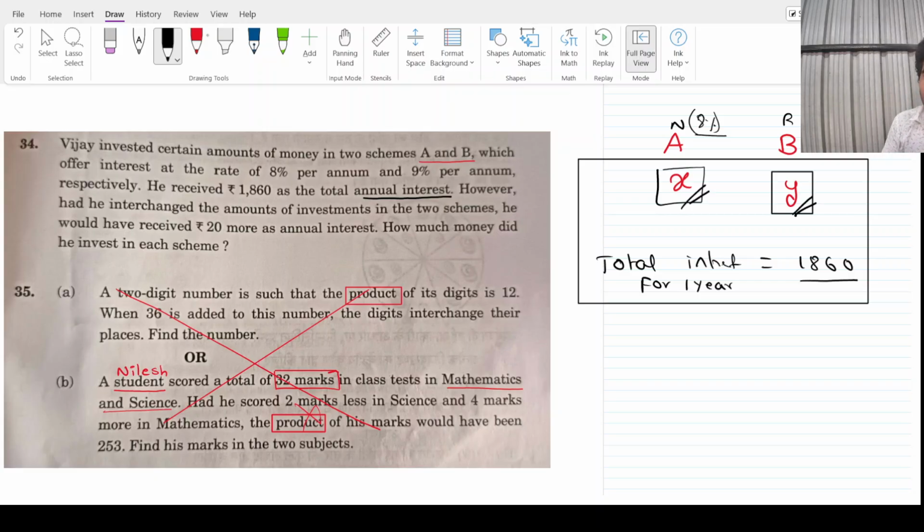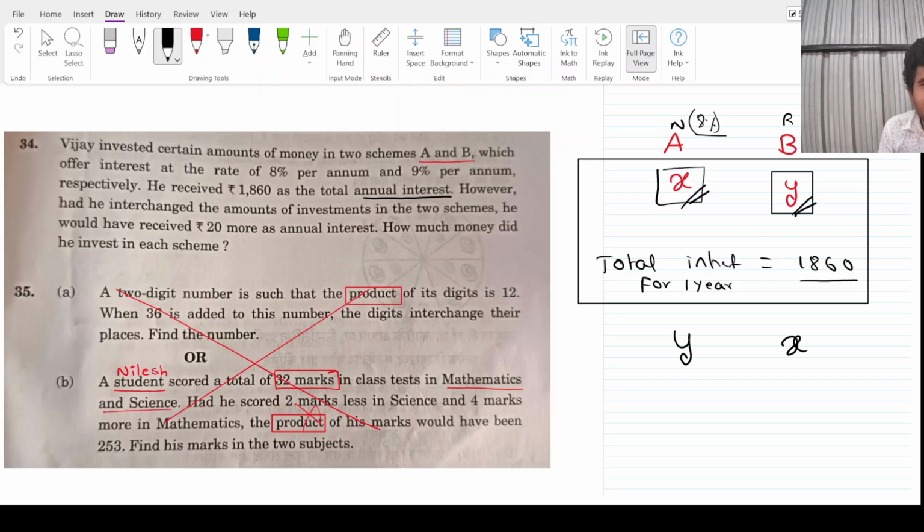Understand? Good. However, he interchanged the amounts at the time. அப்ப A ல எவ்வளவு போட்டாரு? Y தான். Interchanged the amount. இங்க இருக்கிற அமௌண்ட் இங்க போட்டாரு, இங்க இருக்கிற அமௌண்ட் இங்க போட்டாரு. அப்ப B ல எவ்வளவு போட்டாரு பேங்க்ல? X. A ல Y, B ல X. கரெக்ட் தானா அது? ஓகே. அப்ப என்ன சொன்னார்?